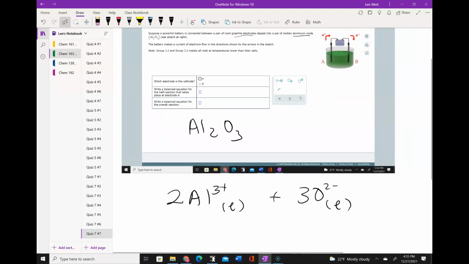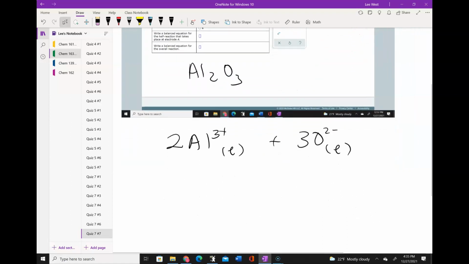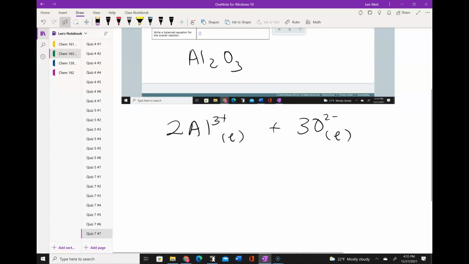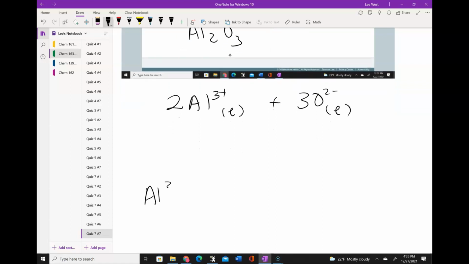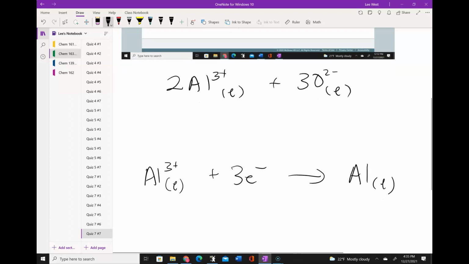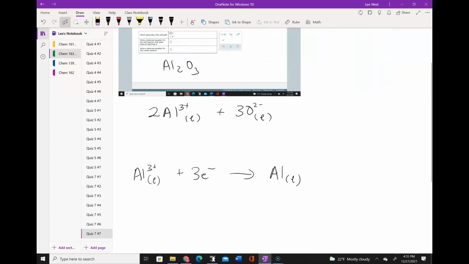That's what's there. All right, so what's going to happen here is that one would expect that the aluminum ions are going to undergo reduction and make aluminum. Now the temperature is really high, so the aluminum oxide, as an ionic compound, is going to melt at a much higher temperature than aluminum metal.